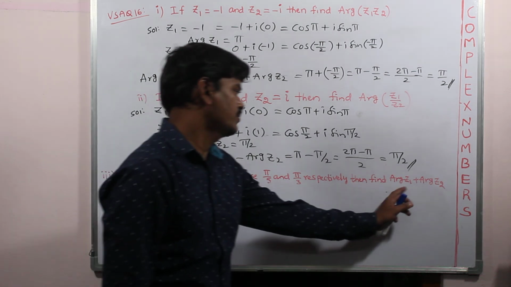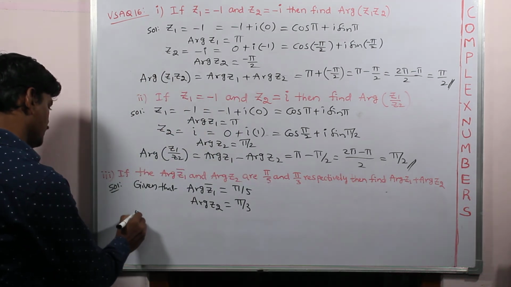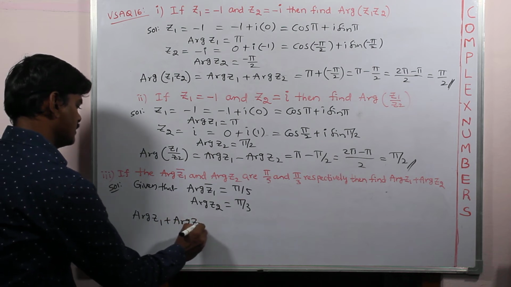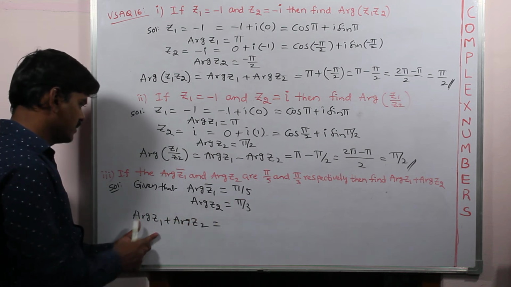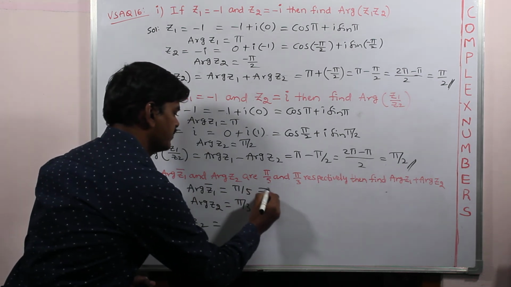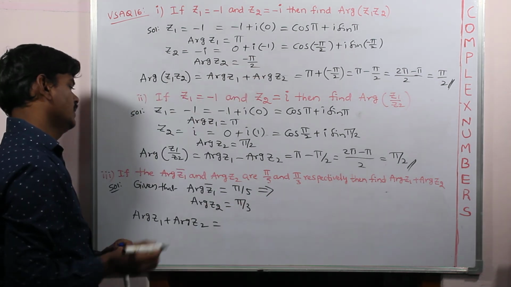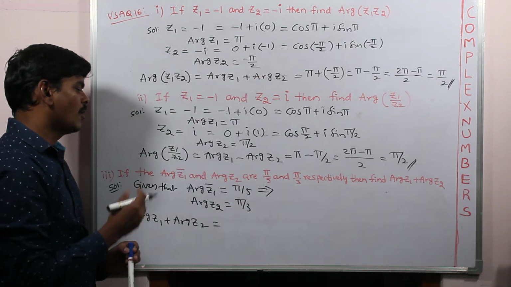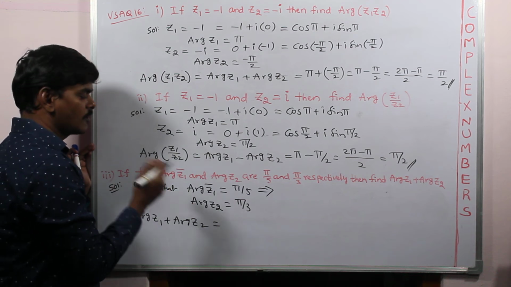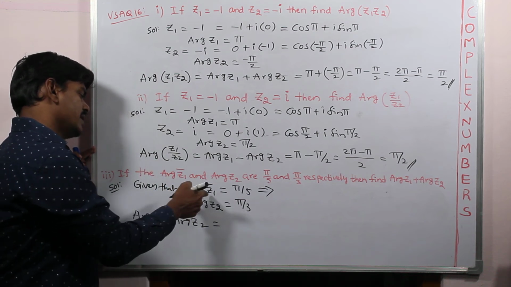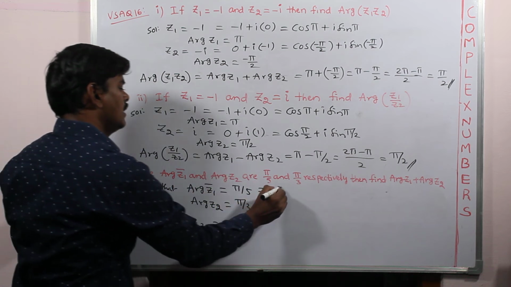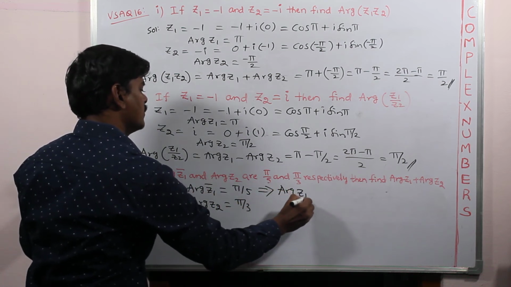Now the question is to find arg z1 plus arg z2. Arg z1 is not given; arg z1 bar is given. But we know that if the argument of any complex number is known, we can easily write the argument of its conjugate. This time the argument of the conjugate is given, and we have to write the argument of that complex number.